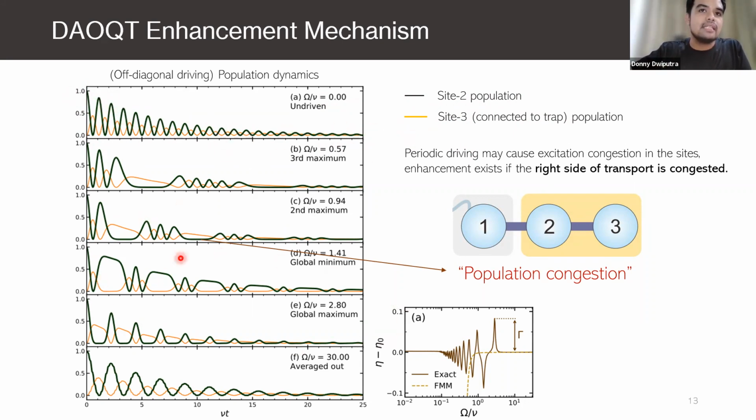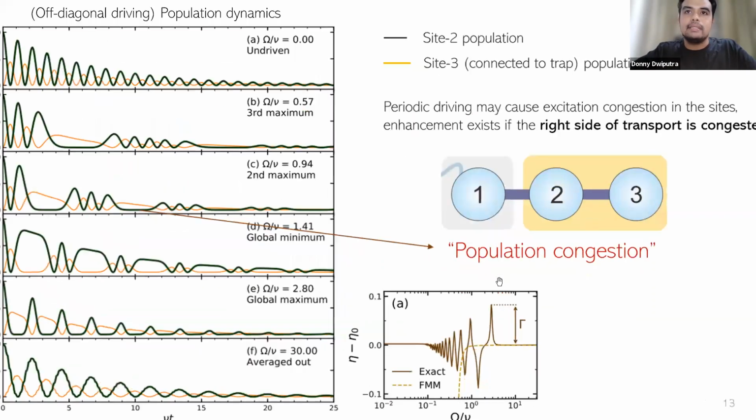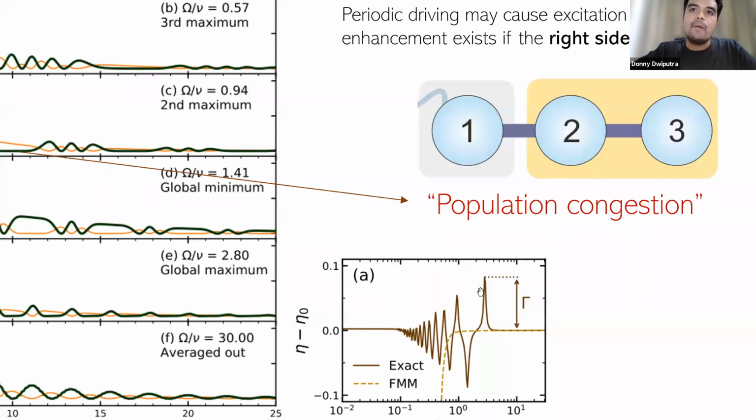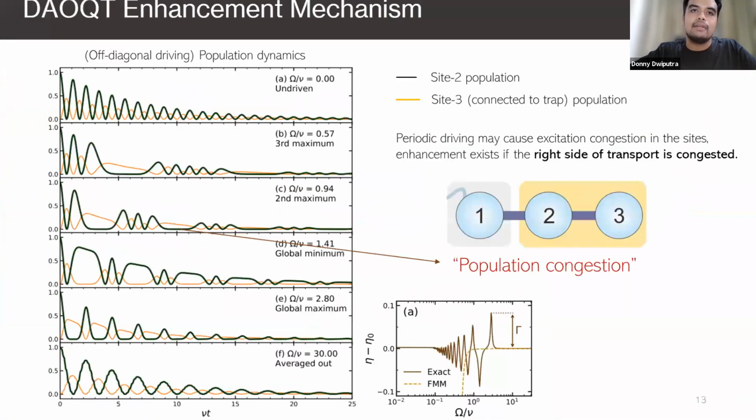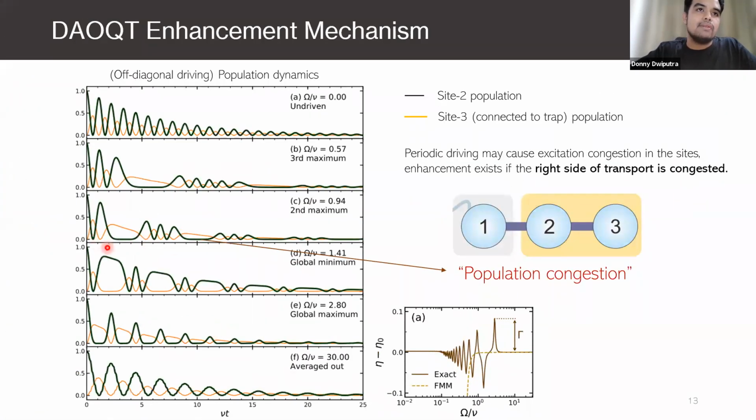But the interesting thing is that if we consider the local maxima, the global maxima, the second maxima, or the global minima, you can see that there is some kind of congestion pattern in the population. So how can the driving drive the population to the right side? What I mean by the right side is the third site of the transport, if we give the right driving frequencies. In this case, it is close to.